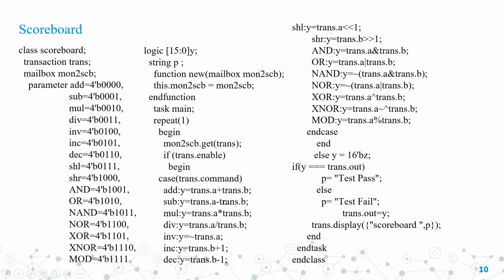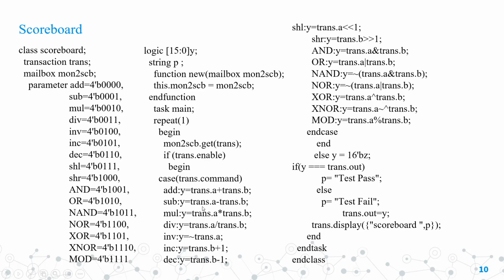But here I am passing the inputs which are from the packets, not from the generator. I am getting the inputs and generating the output within this scoreboard class so that I can use it as a reference model, and this is called a reference model.